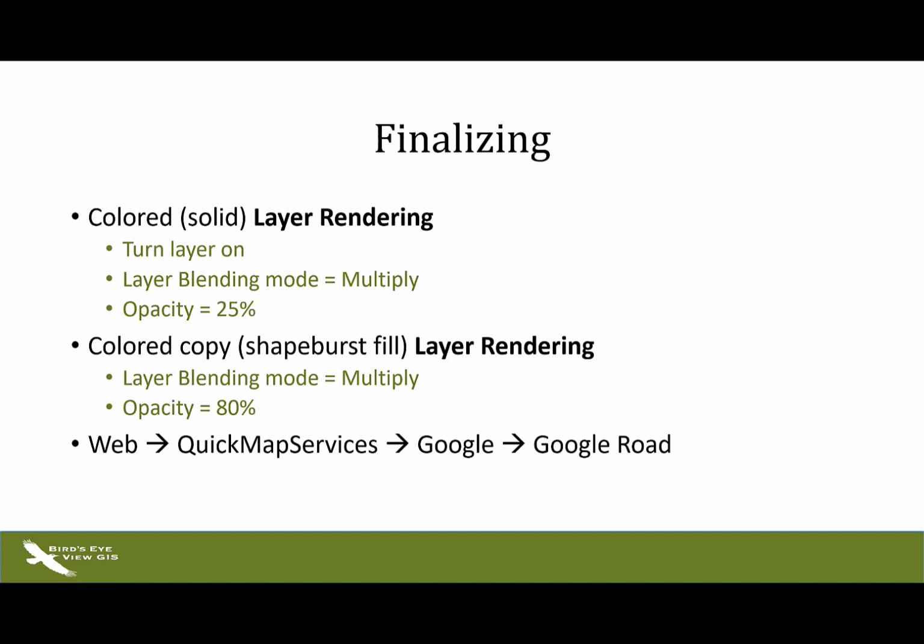And then what you're going to do is go to the QuickMapServices plugin that you installed at the beginning of the afternoon and turn on Google Road as the base map so that you have some context behind it.